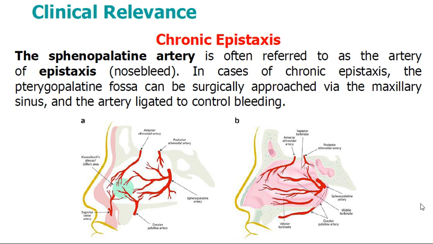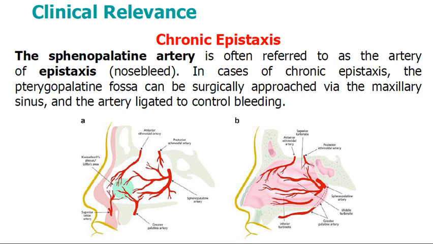Most of us know that the bleeding from the nose is called epistaxis, and epistaxis might be due to many causes. Most commonly it's the injury and laceration of the mucosa of the nasal cavity, and this will lead to bleeding from tiny arteries present there.